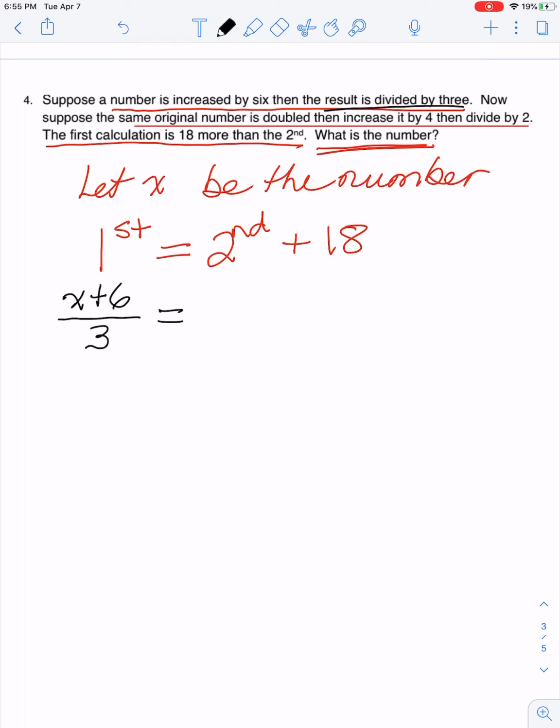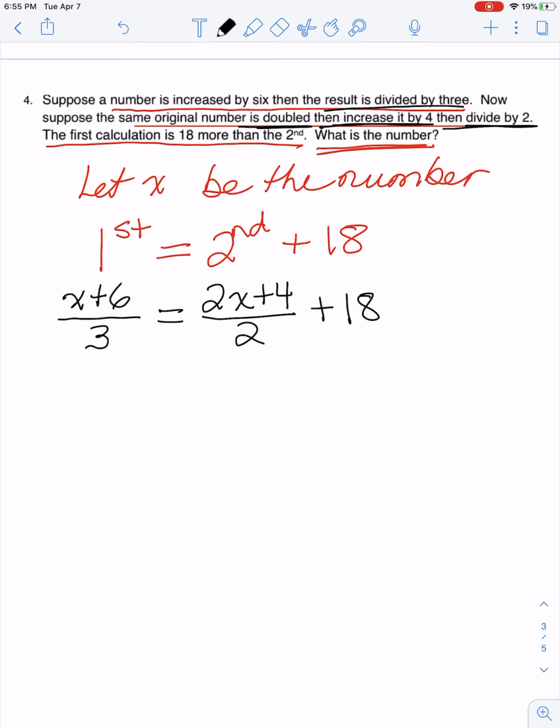The second calculation is that the same number is doubled, so x gets doubled. Then it's increased by 4, so then we add 4, and then we divide that answer by 2. And then add 18 to that. And so here we have an equation that we can solve.